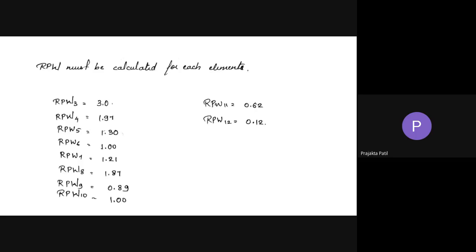You cannot come in the reverse way, and only those which have a connection with that particular work element whose RPW value you are finding should be considered in summing. You do not go for other work elements which are not directly connected to that particular work element. So this is how you're going to calculate the RPW values for all the 12 work elements in this problem.